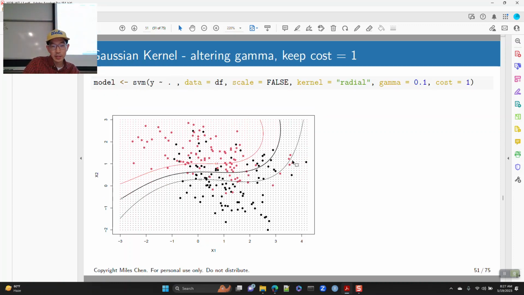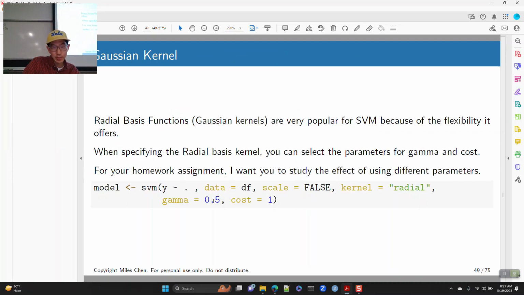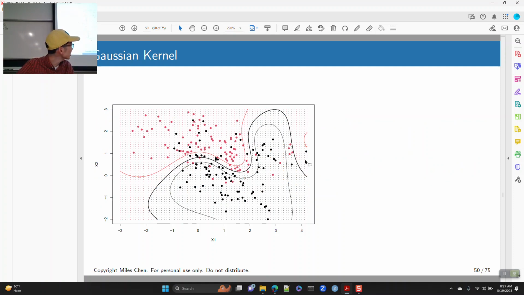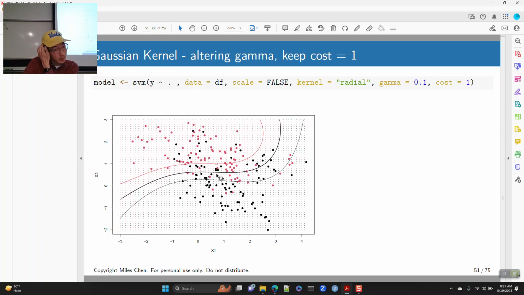So here I've got gamma 0.5, just look at the overall curvature of the boundary here. Here's gamma 0.1, so a lower gamma means this cable that I'm bending is really thick and it's hard for me to put tight turns in it.